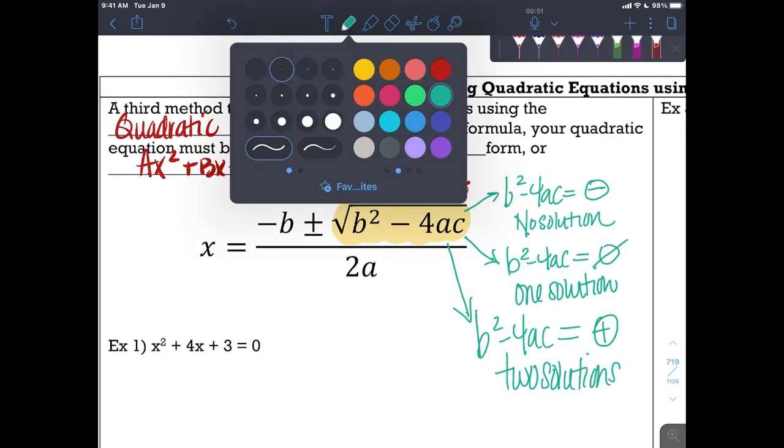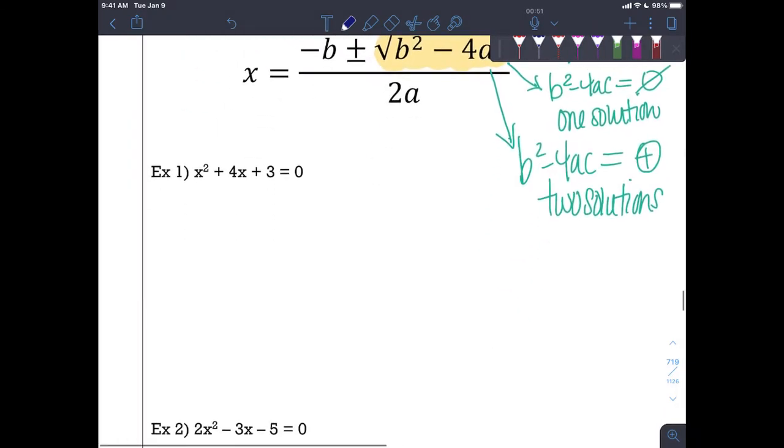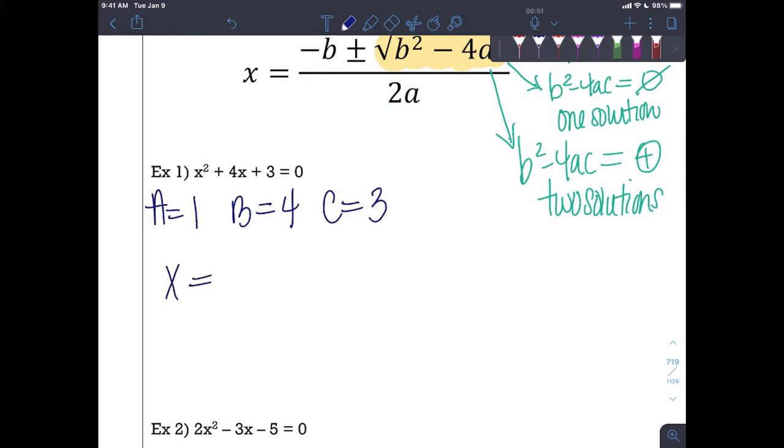All right, so let's jump down into it. So first thing, I need to go ahead and identify my A, my B, and my C. Then I'm going to go ahead and write out the basic portions of my equation.